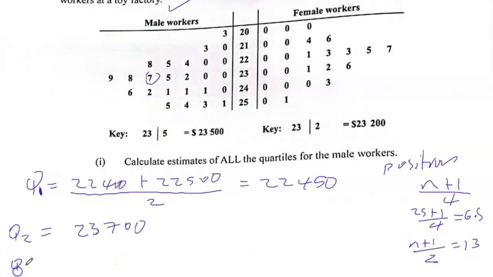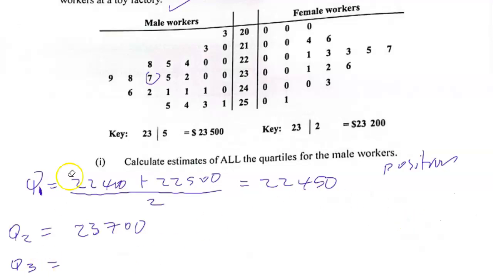And Q3, the third quartile. The formula for the third quartile is 3/4 times n plus 1. Of course, n was 25 and 1, that's 26, so it's 3/4 times 26. That gives us 19.5. So the third quartile is found between the 19th and the 20th value.